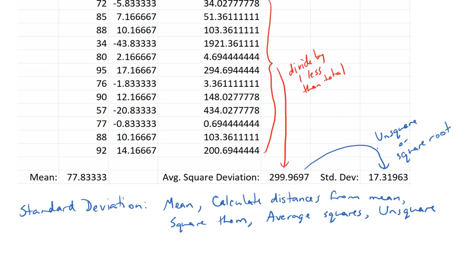So that is what standard deviation is. It's how far on average your data is from the mean. And it does have another term as well. Sometimes it's called dispersion. They both mean the same thing, and they're both calculated the same way. So that is standard deviation.